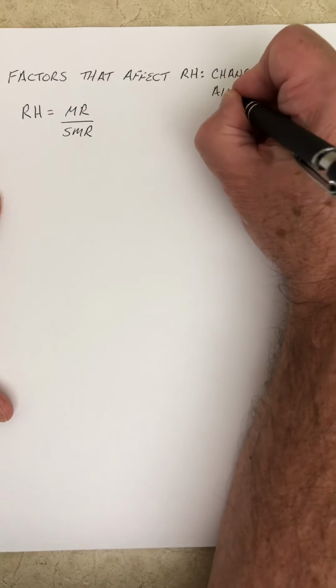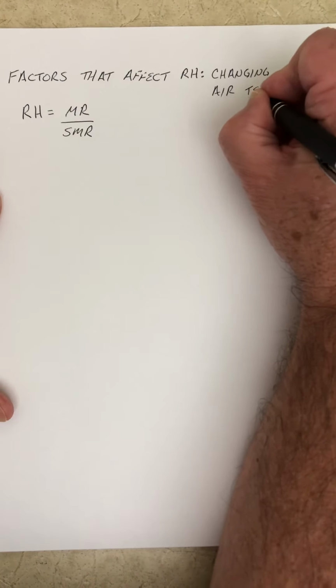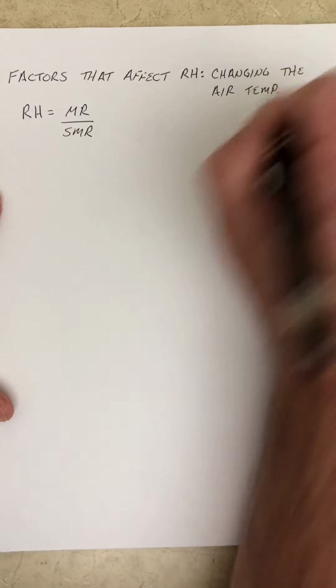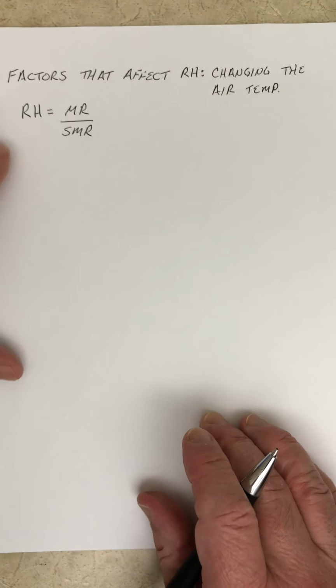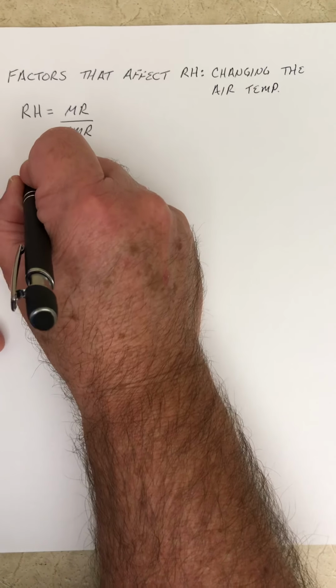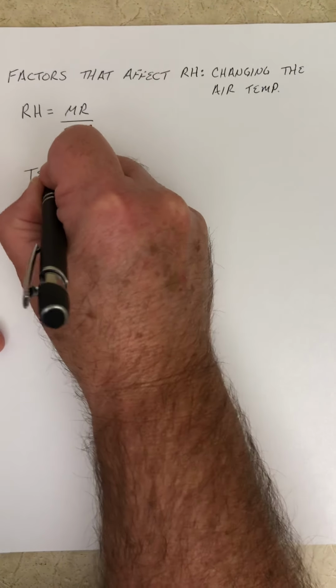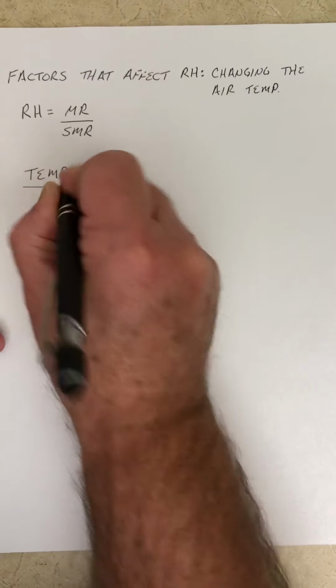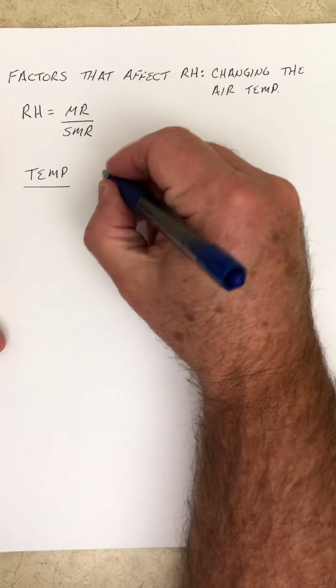Alrighty. We're going to do another example, very similar to the previous example. We'll start off with temperature, and then we'll take a look at the mixing ratio.